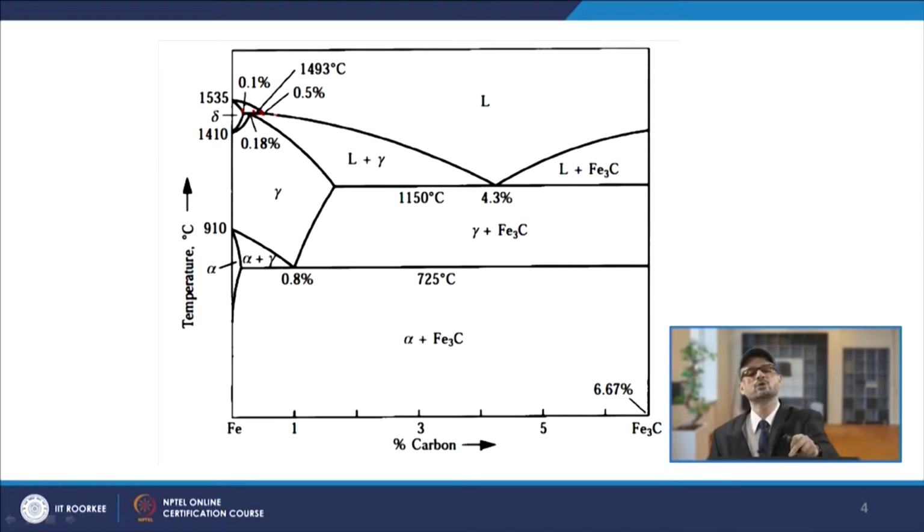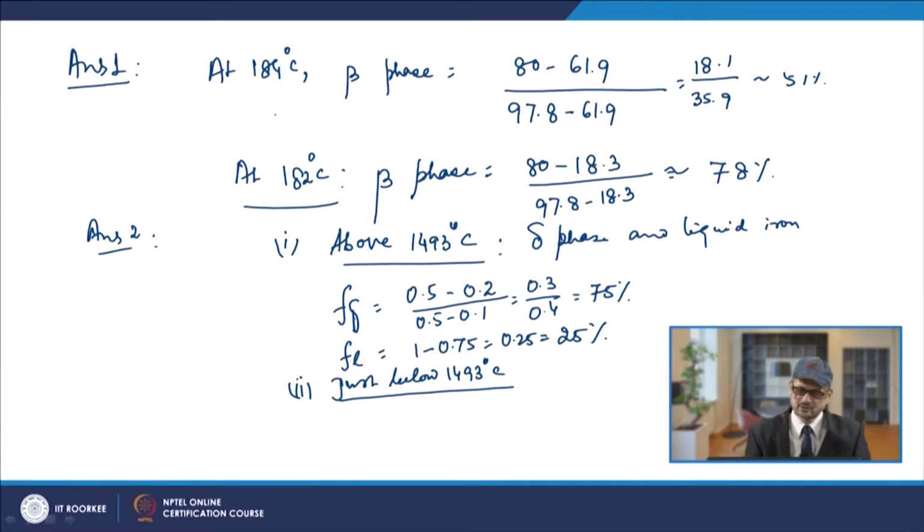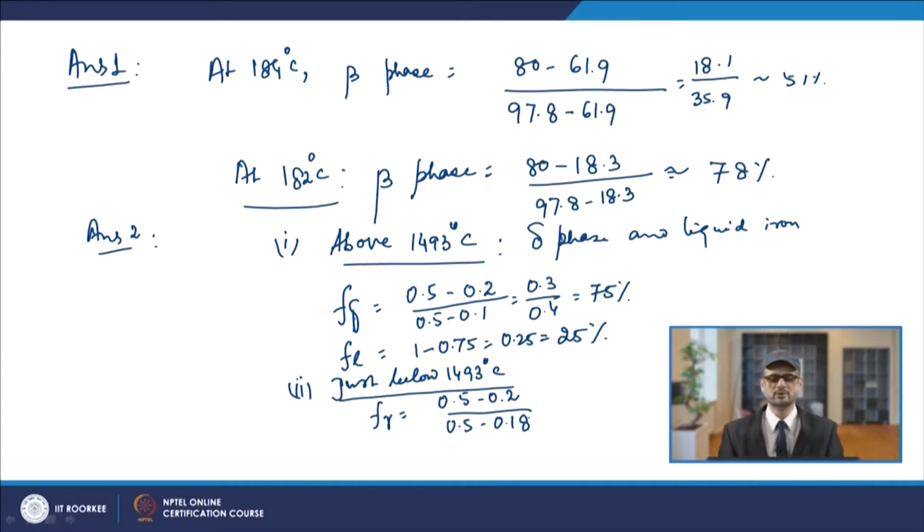So, if you try to find the fraction of gamma, it will be 0.5 minus 0.2 divided by 0.5 minus 0.18, a very technical point. So, it will be 0.3 upon 0.32. So, it is coming close to 94%.